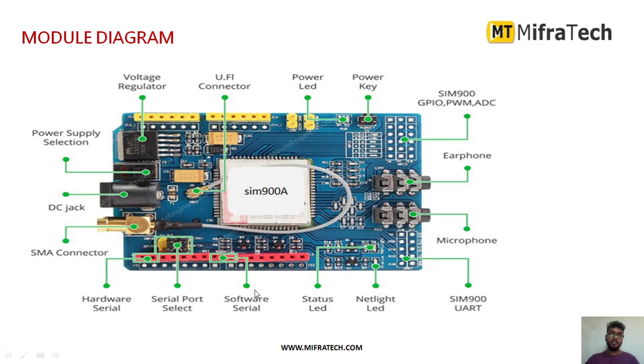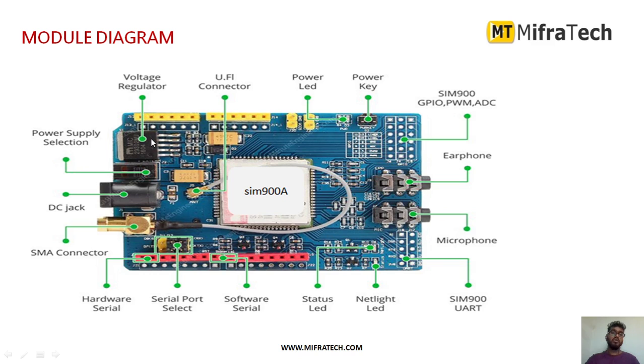After that we have a software serial. This is in order to send and receive commands using AT commands, and there is a serial port select here, and hardware serial. There is an SMA connector, and a DC jack in order to provide the power supply, and you can also select the power supply selection.